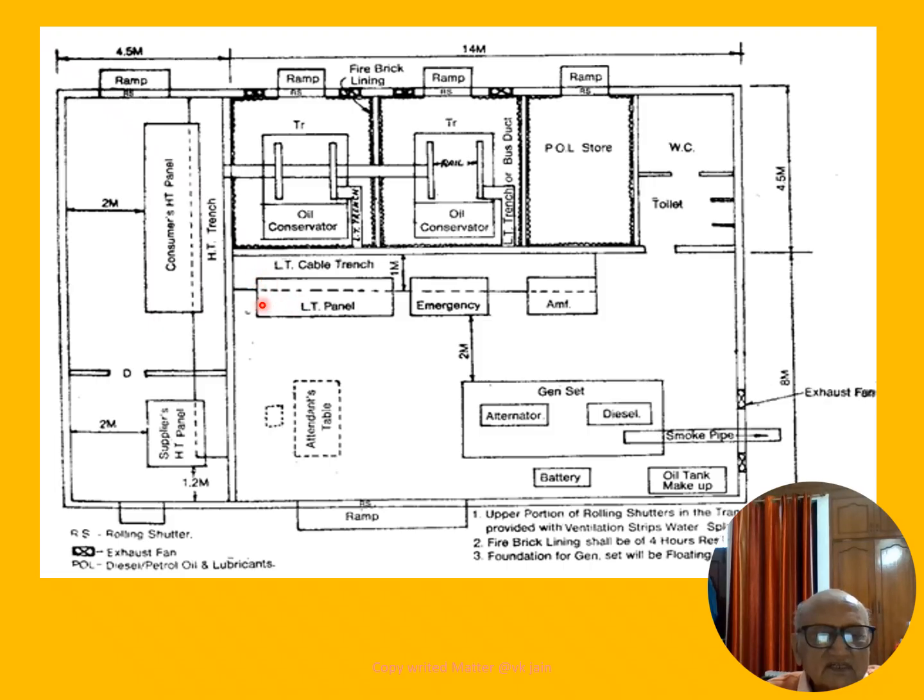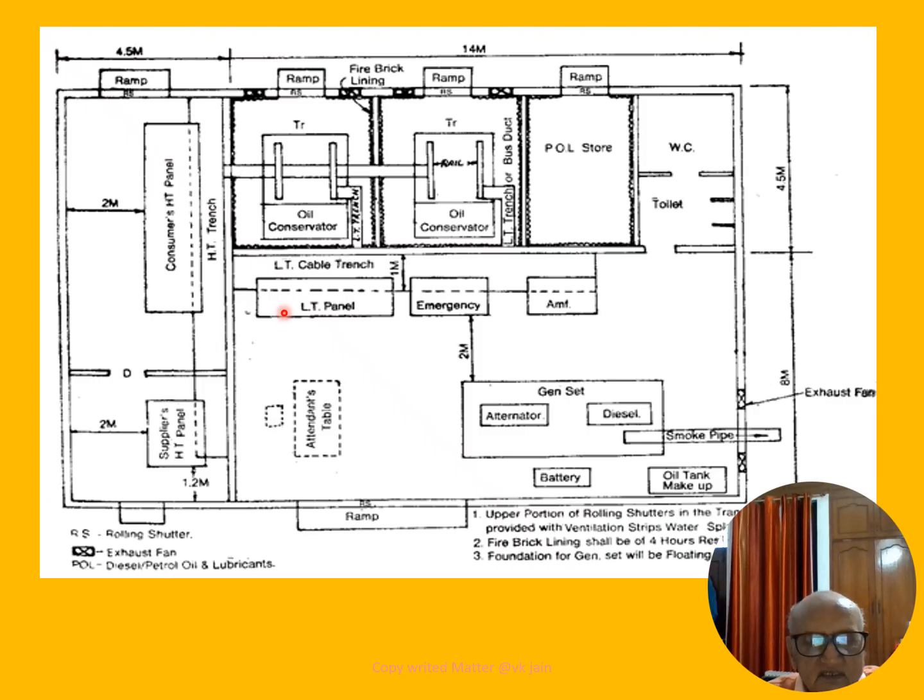So the LT panel, we call it an LT panel, otherwise they are MV panels. MV panels are panels up to 430 volts or similar, and they may be interconnected by a cable trench. Nowadays it is done through bus ducting or above bus ducting, and they get power supply.